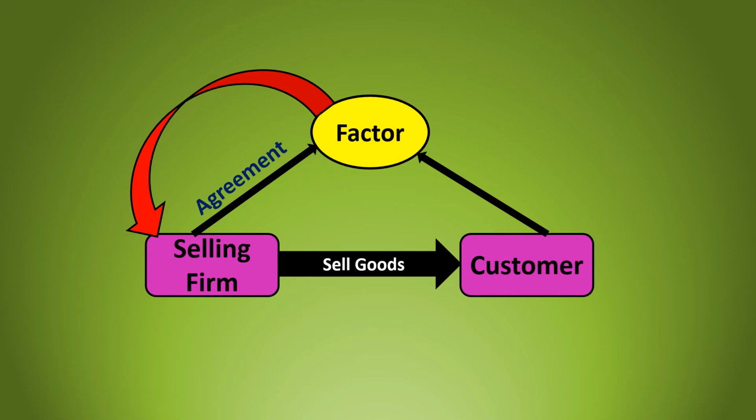Instead of paying the selling firm after getting the payment from the customer, the factor may also provide advance finance to the selling firm if the conditions of the agreement require so. So this is how the factoring service takes place. The selling firm sells the goods to the customer. The customer, instead of paying the amount back to the selling firm at a future date, pays to the factor. The factor collects that amount from the customer and then gives that amount to the selling firm. That is how it works.